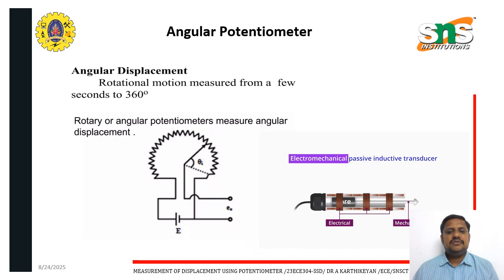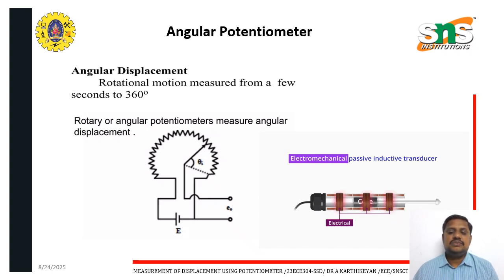Next is the angular potentiometer. It may range from a few degrees up to 360 degrees, so it is a rotary or angular potentiometer. Based on the position, the potentiometer produces an output level with a resistance value. Here you have the core and the electrical signal.